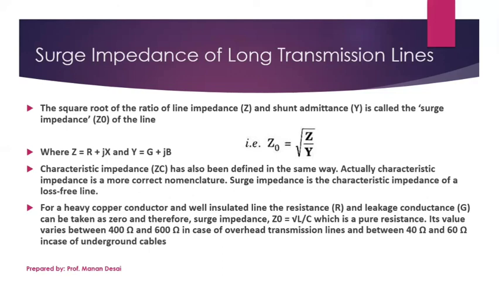Its value varies between 400 ohm and 600 ohm in the case of overhead transmission lines, and between 40 ohm and 60 ohm in the case of underground cables.